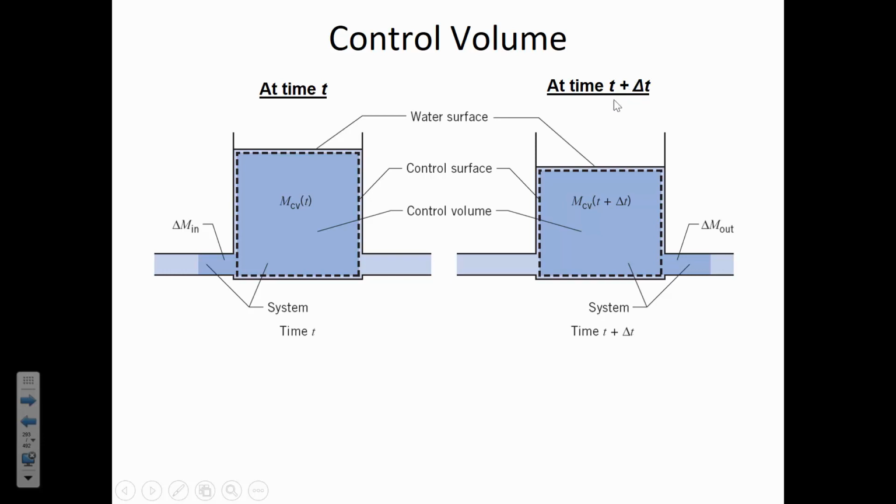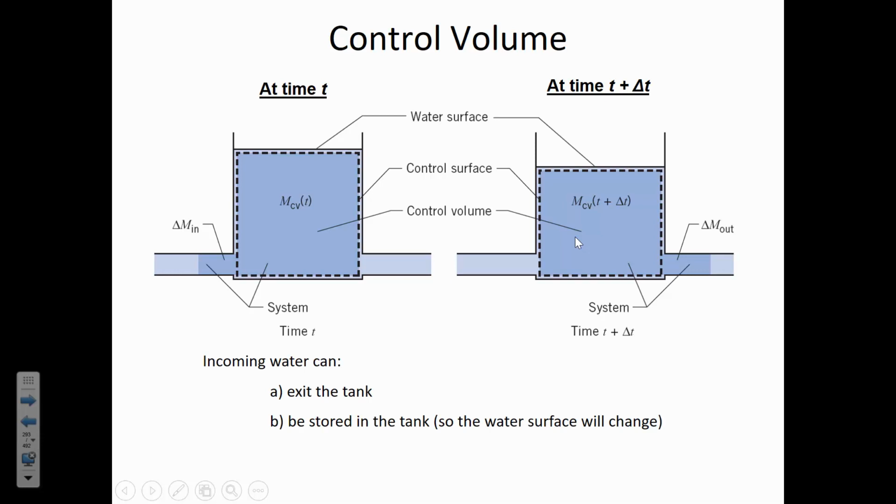So during this time increment, there was flow into the control volume and there was flow out of the control volume, and the amount of mass that was stored inside the control volume decreased. So the water that comes in can either go out or it can be stored. And in this case, more went out than was coming in during the time increment delta t.